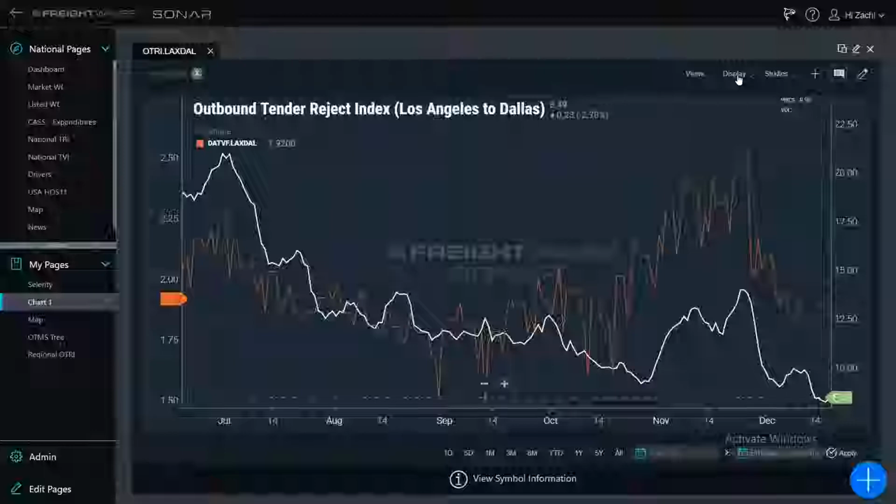I think I did a chart not too long ago where the volume was moving at a different rate than the tender rejections. The volume was actually staying relatively flat and not moving. I think it had only dropped about 4%, where the tender rejections had dropped about 53%. So that's the kind of situation where you really want to see how divergent something is, or even convergent.